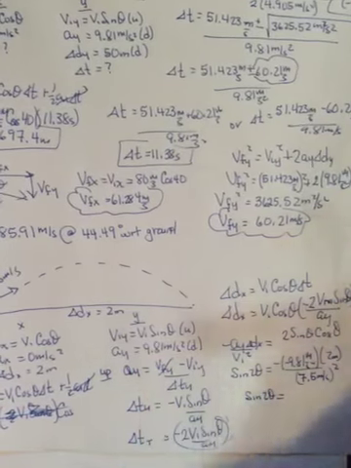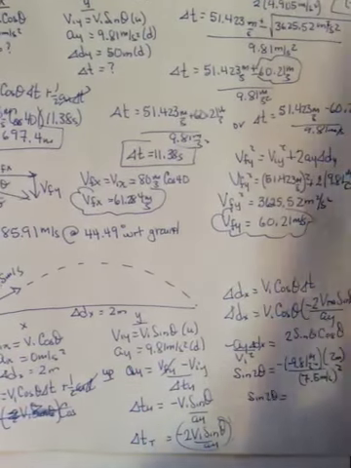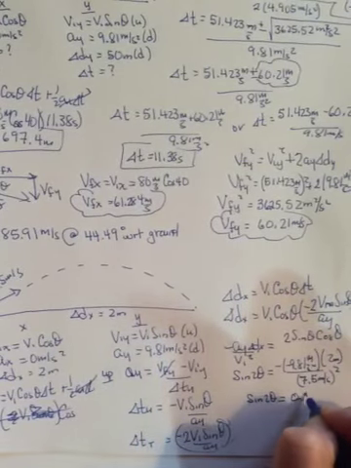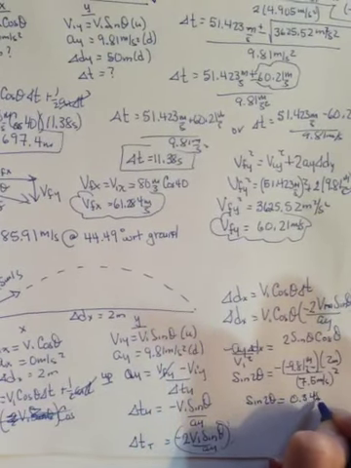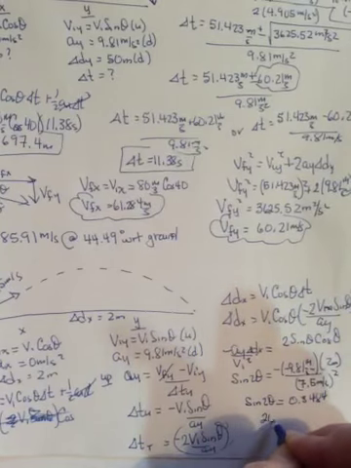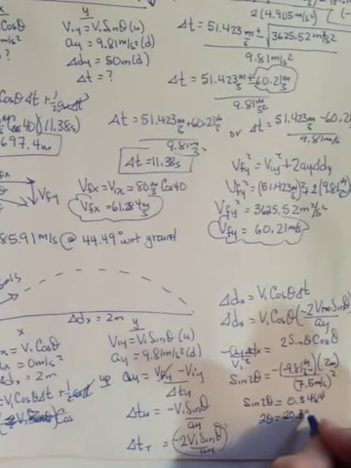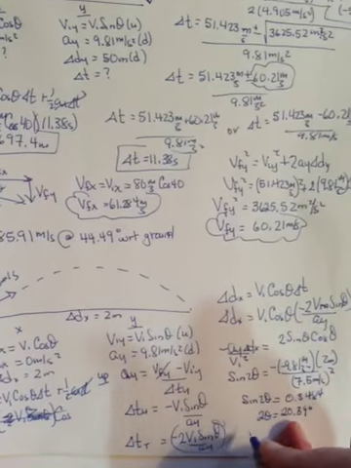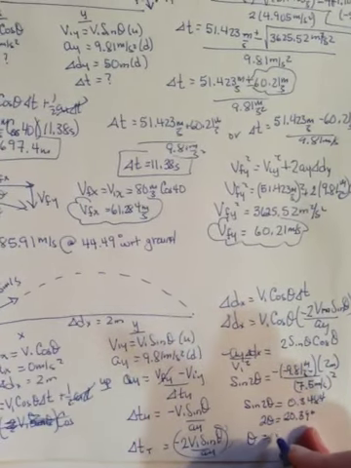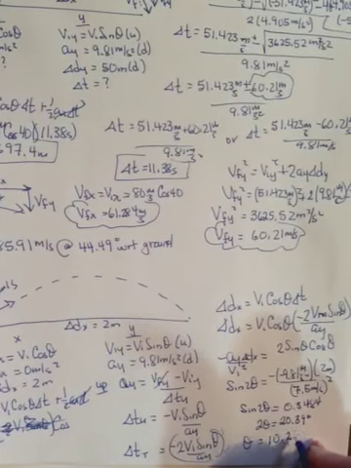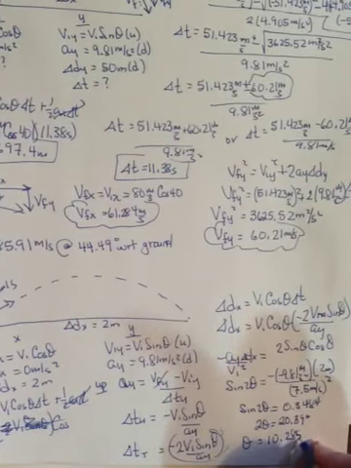So sine 2 theta ends up being 0.3484. So 2 theta ends up being 20.39 degrees, because you do inverse sine of both sides. So you get a theta of 10.21.